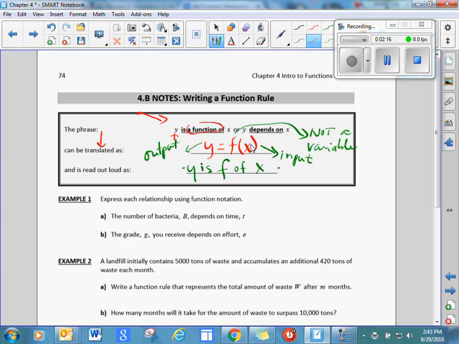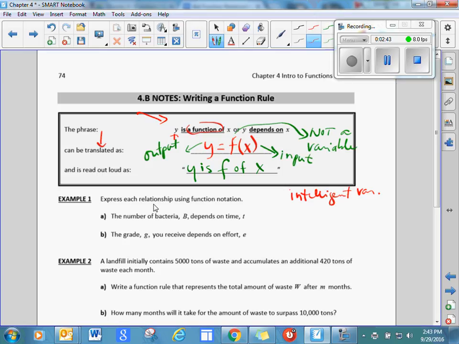But oftentimes, and certainly when you get into this in science, you're going to see other variables besides y and x. These variables are called intelligent variables. And that's generally because the variable that you're using is the first letter of the word that it stands for in the real life word problem.